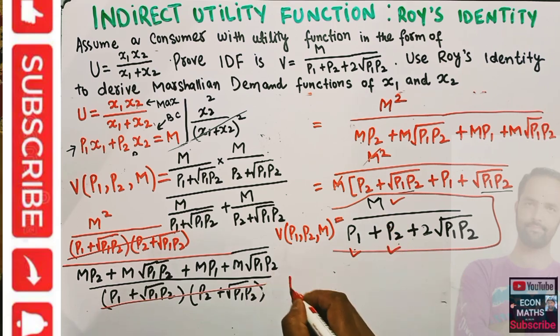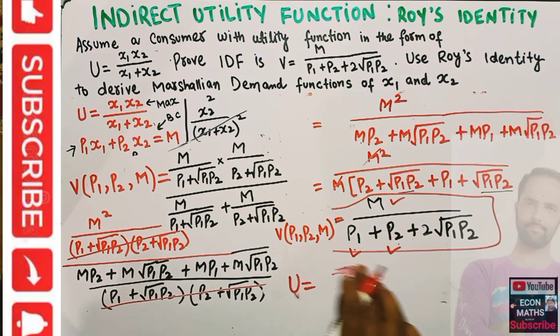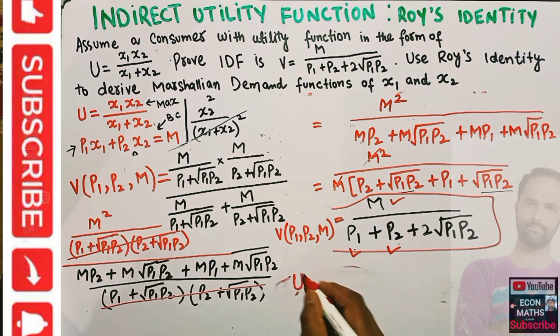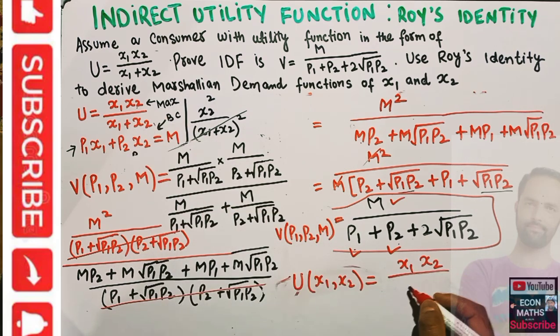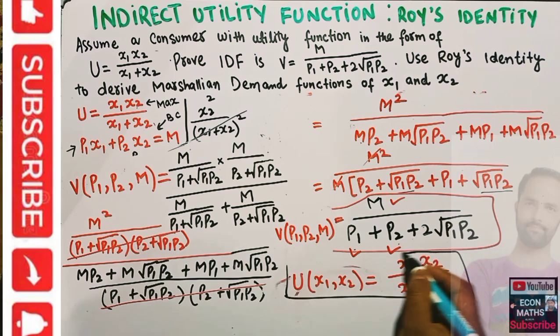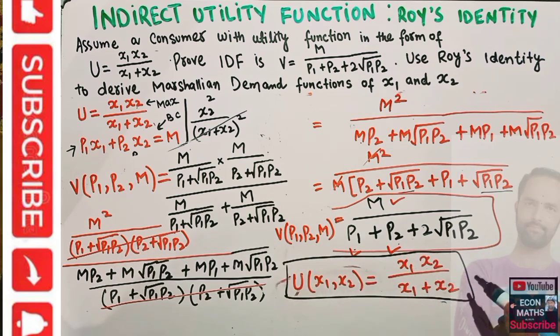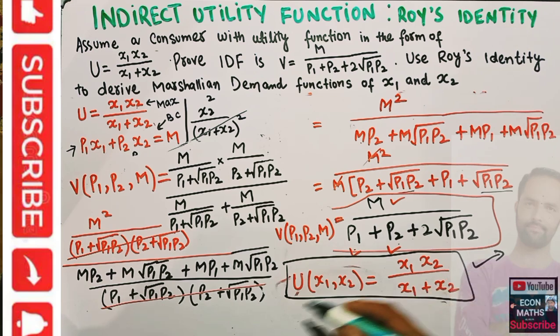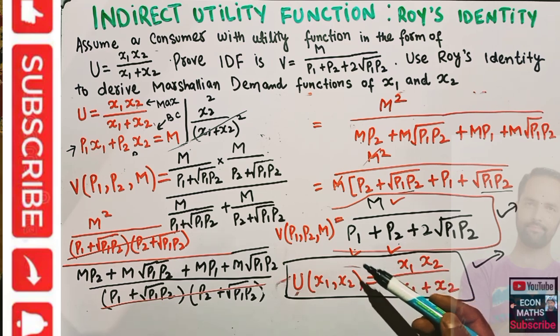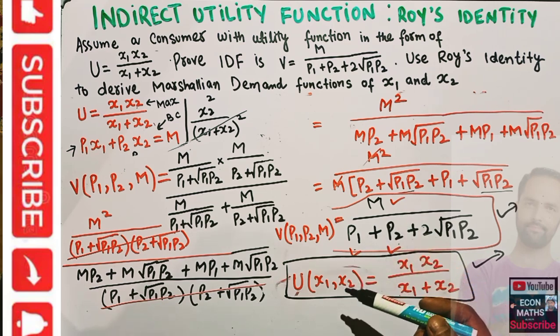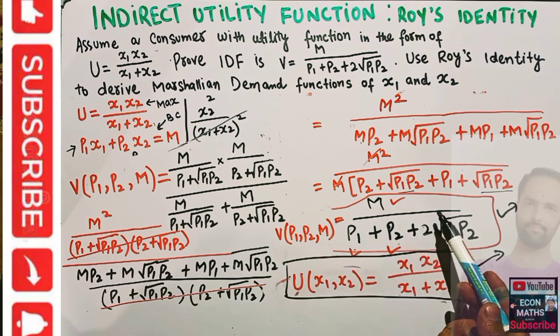And what was our direct utility function? Let me write it: u is a function of x1 and x2, which was given to us as x1 into x2 divided by x1 plus x2, okay. This is our direct utility function. When our utility depends upon the consumption of the two goods, we say it is the direct utility function. And when our utility function depends upon the prices of the two goods and the income of the consumer, this is the indirect utility function.